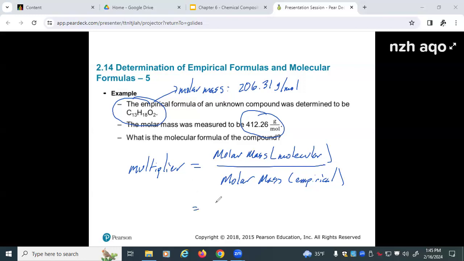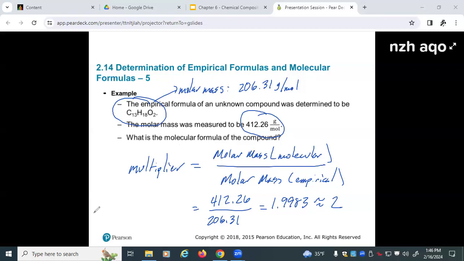So molecular mass is 412.26. The empirical mass was 206.31. If I divide those by each other, I get 1.9983, which rounded to the nearest whole number is 2.